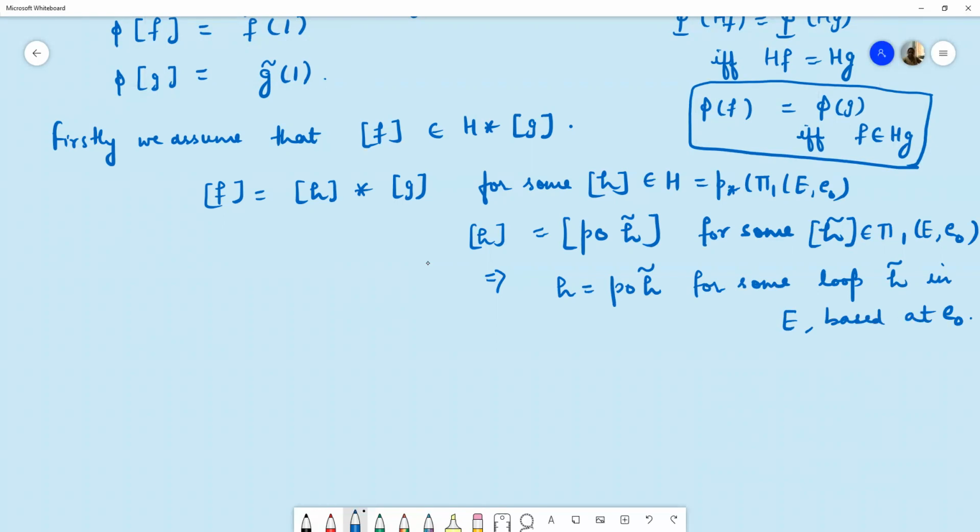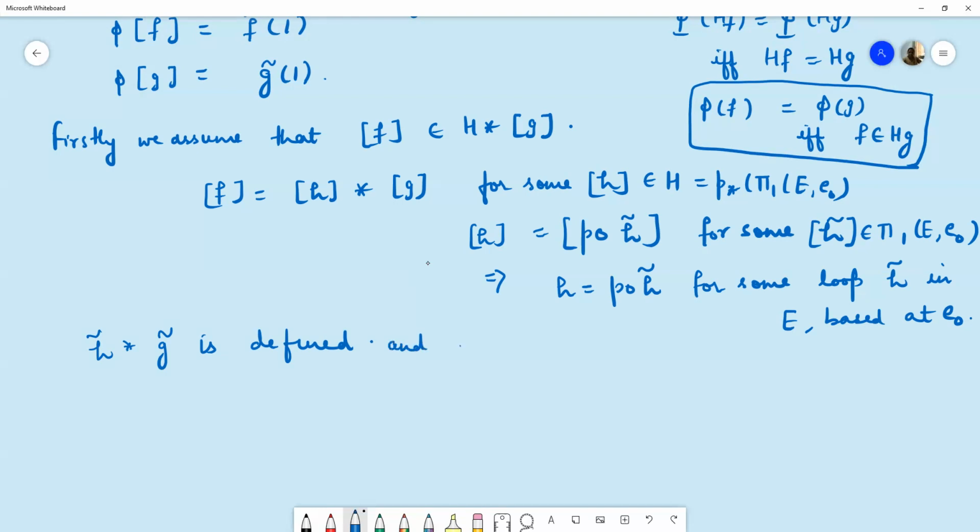Now we know that h curl is a loop based at point e naught, so the end point of h curl is e naught. And the starting point of g curl is e naught, because we have assumed that f curl and g curl are liftings of f and g beginning at point e naught. So h curl star g curl is a well defined product of paths, and this is basically a lifting of h star g, because h is equal to p circle h curl, which means h curl is a lifting of h and g curl is a lifting of g.